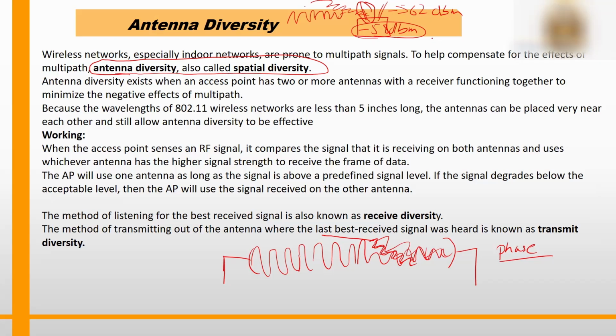That is called receiver diversity. Transmit diversity is where the antenna that received the best signal is used to send the signal back.